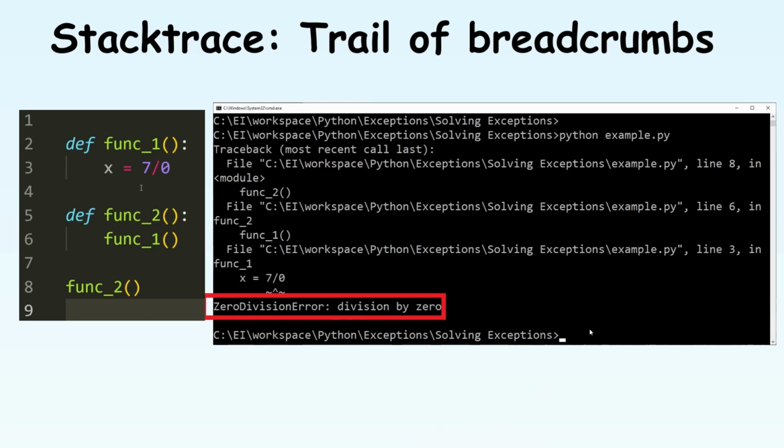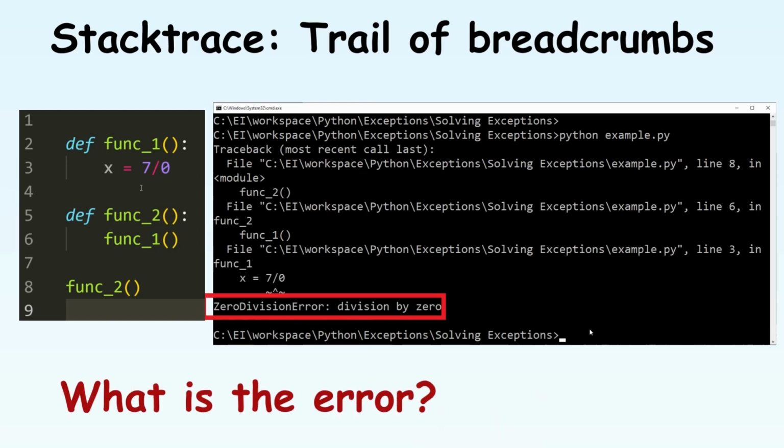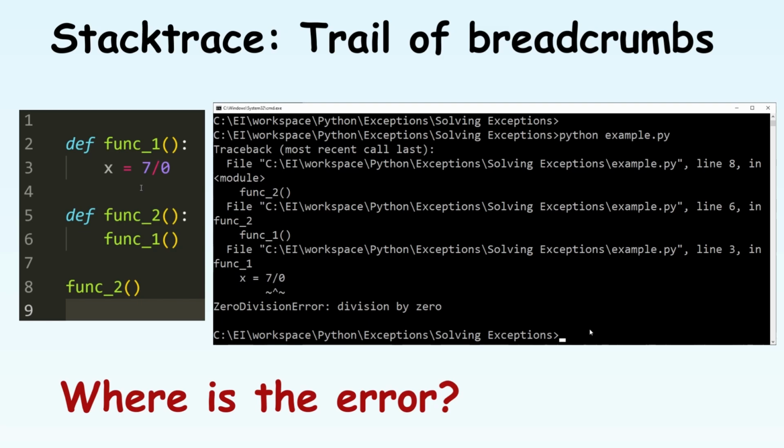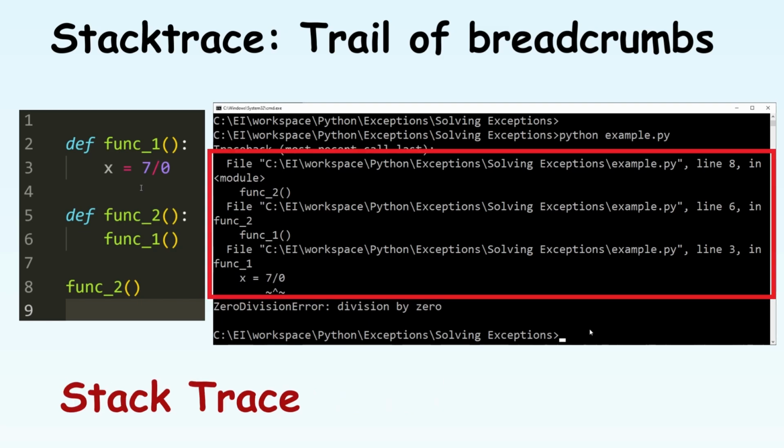After that, let's quickly jump to the last line and see what error has occurred, which is the same as the previous case, i.e. the ZeroDivisionError. Now it's time to figure out where exactly the error has occurred. Conveniently, our dear friend stack trace helps us debug our code in this scenario by unfolding everything line by line.